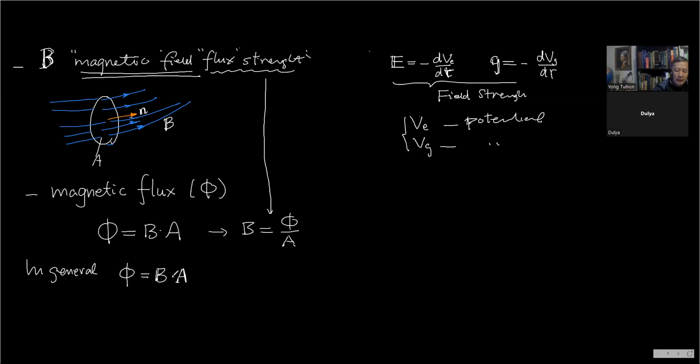If you use this unit vector n to represent the direction perpendicular to the A, that would be the more general form. In this case, you can write that as BA multiplied by cosine theta, if there's an angle, can you see? In this case, the angle is almost 0.